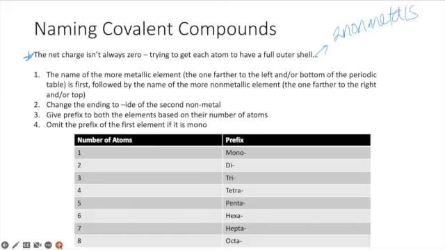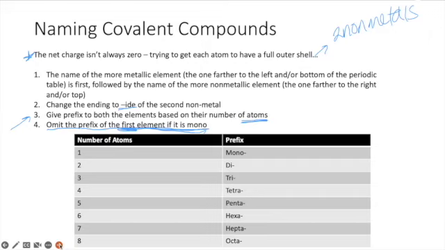The second nonmetal is going to have its ending changed to "ide," just like the ionic bonds. But this time, we're going to give a prefix to both of the elements based on their number of atoms. If the prefix on the first element, and the first element only, is mono, then we omit it. And so here's a list of the prefixes.